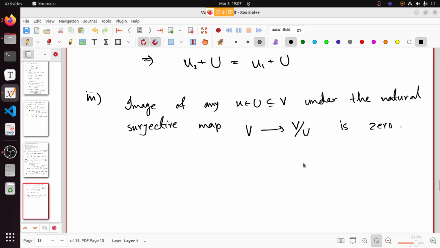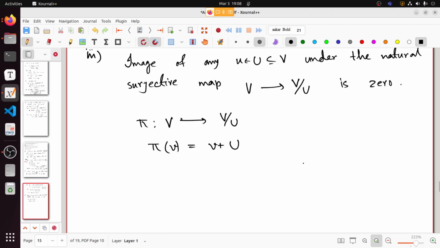What is the natural surjective map from V to the coset space? Denote it by pi from V to V by U. Pi of v is v plus U. You can check that this is a well-defined map, sending v to the coset of v, and that it is surjective.